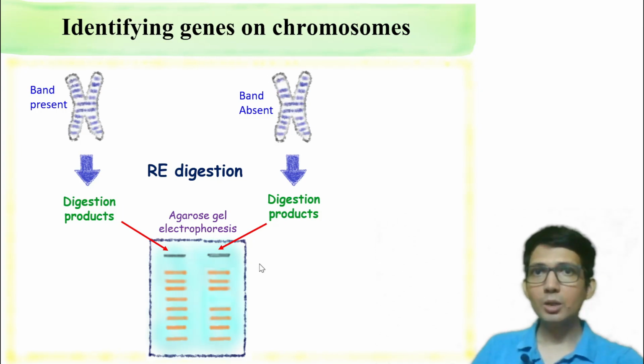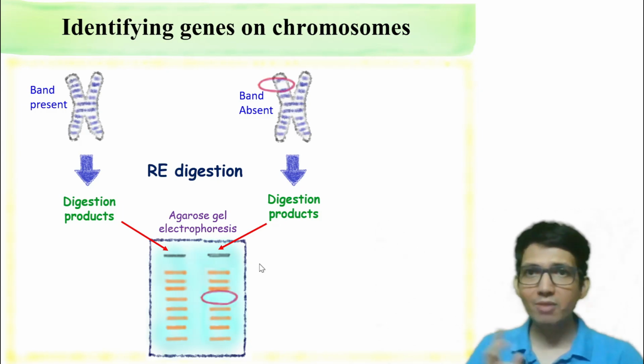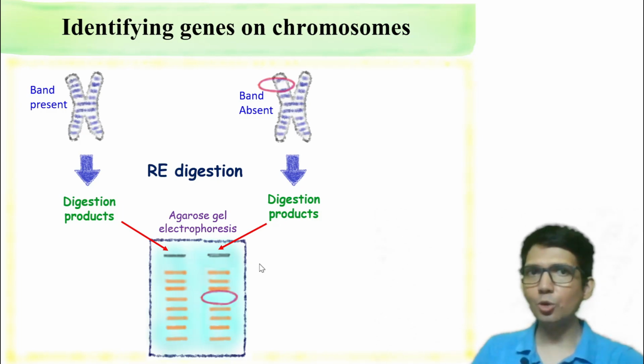Since the abnormal chromosome has the absence of a particular band, the DNA gel will also demonstrate absence of a DNA band. The DNA gel may show absence of several bands. However, to keep things simple, here we have shown absence of only one band.